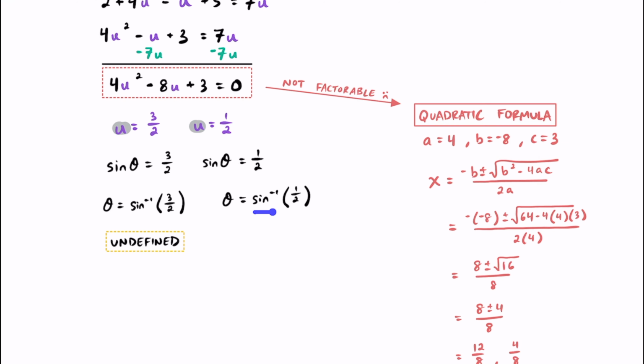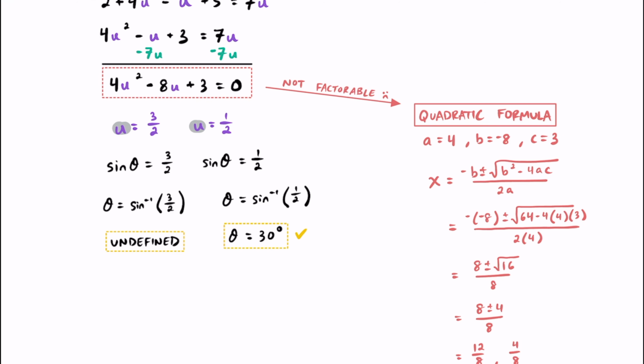However, when we plug in arc sine of positive 1/2, we find that theta is going to equal 30 degrees. Hopefully this ratio of 1 to 2 for sine looks familiar, because we can find that in our 30, 60, 90 triangle. So that makes sense as a solution, and this happens to fit between 0 and 360 degrees, so we do like this solution.